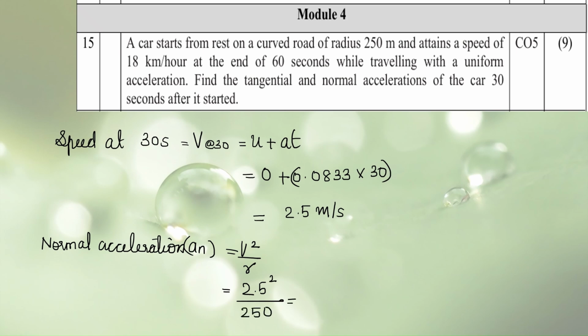So we will get 2.5 square, that is 6.25 divided by 250. I am getting it as 0.025 meter per second square. So the tangential acceleration is 0.0833 meter per second square and the normal acceleration is 0.025 meter per second square.